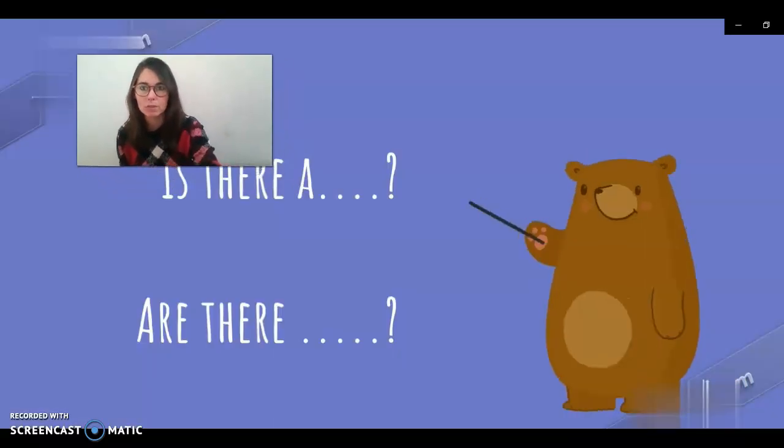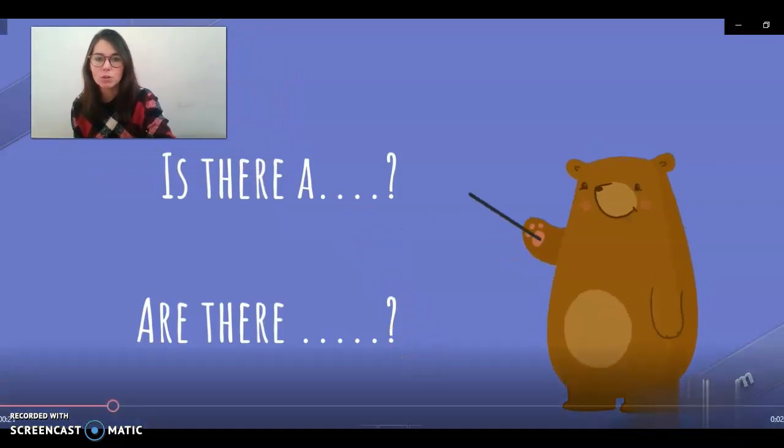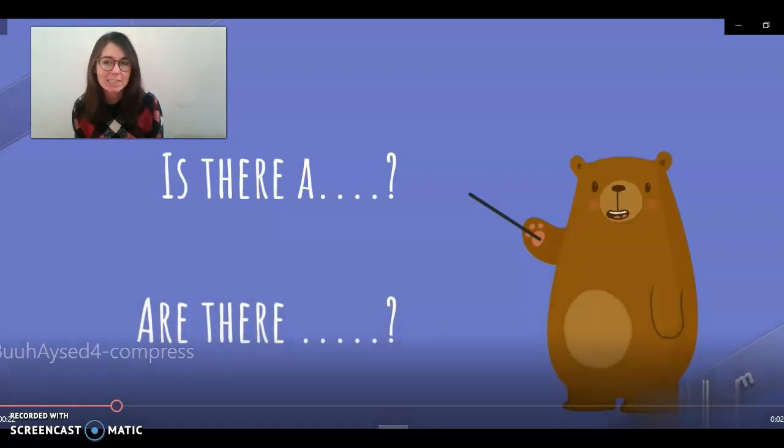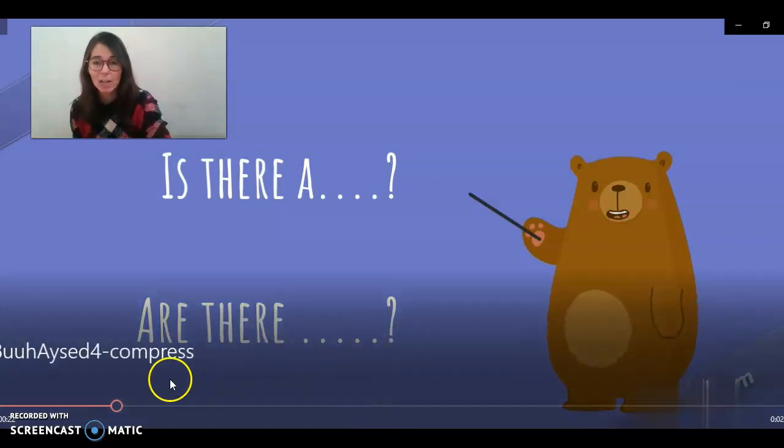¿Cómo hacemos las preguntas, right? So one good choice is to start with these two expressions. Is there a, hay un, en el caso de que sea singular, o sea, una cosa. So, is there a plane, or is there a shop, is there a school? In the case we have many things, si tenemos muchas cosas, we're going to choose are there.